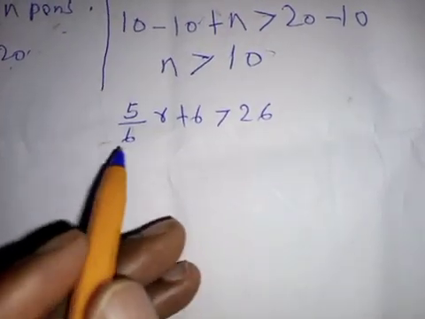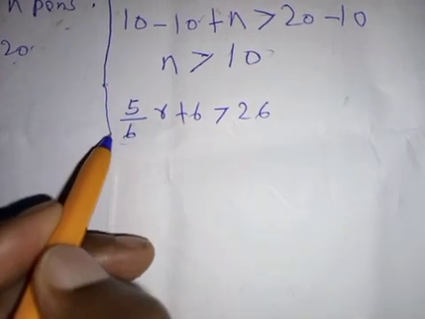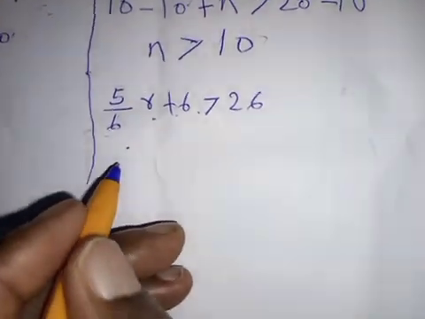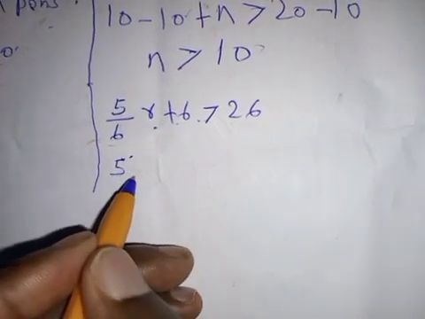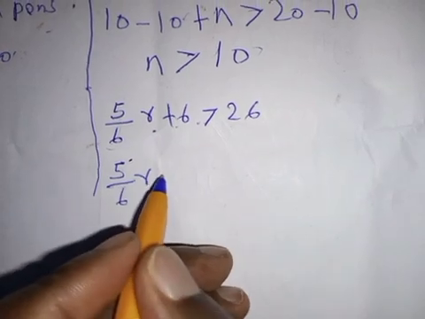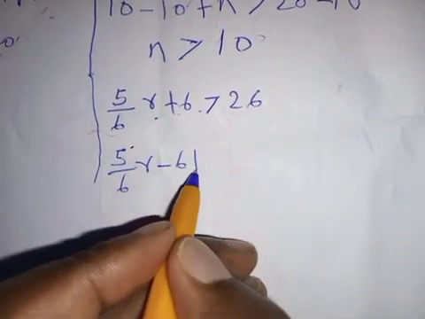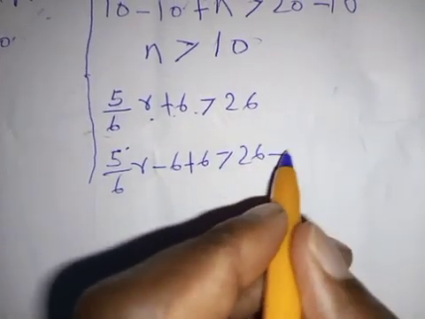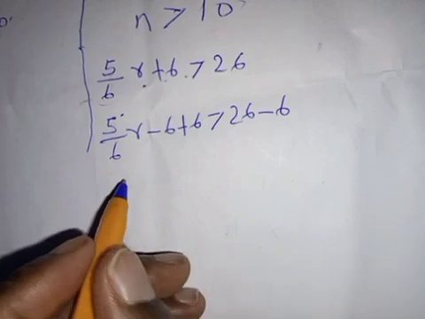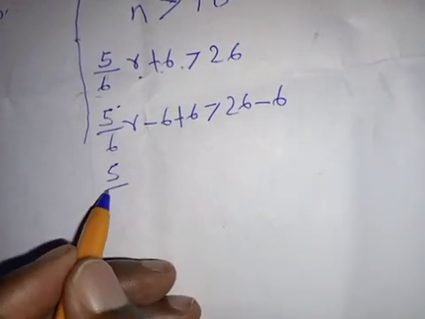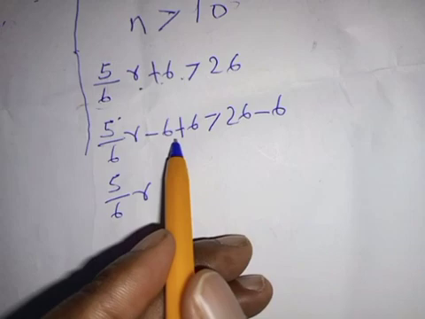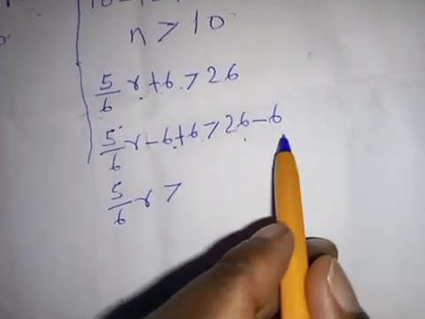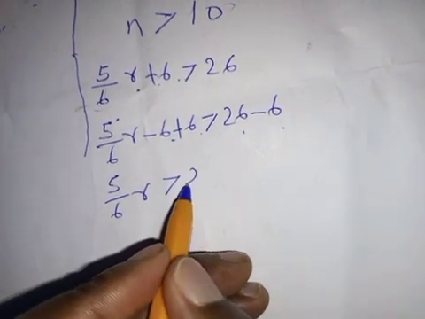You are also to simplify this other linear inequality. This other one, we have 5 over 6 r plus 6 greater than 26. So to do that, first of all, you begin by subtracting 6 both sides. So minus 6 plus 6 greater than 26 minus 6. So you will get 5 over 6 r on the left hand side, minus 6 plus 6 will become 0, greater than 26 minus 6, which is 20.